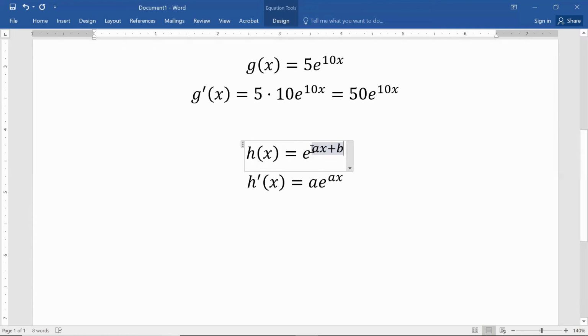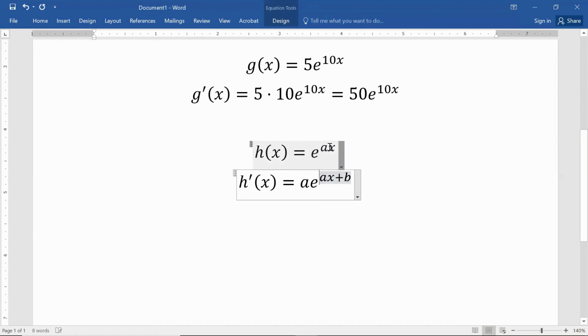As long as you have e to a power which is a linear function, the derivative of that is the slope of the linear function multiplied times e to that linear function. Usually you see this rule as e to the ax has derivative a times e to the ax. That's going to be an important one moving forward because we're going to see a lot of those examples later on in the material.